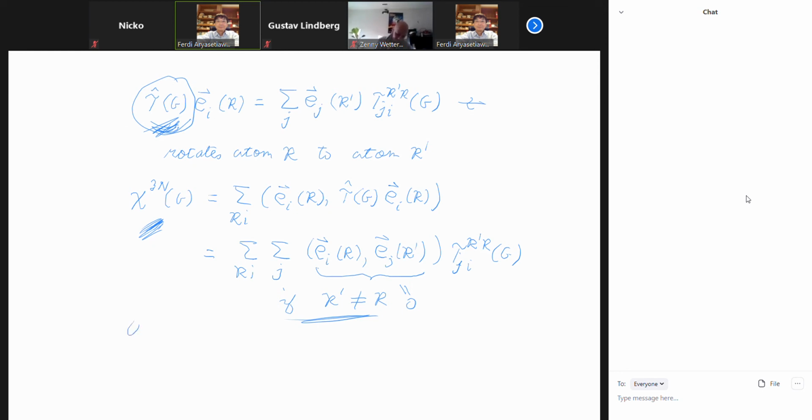So only atoms which are not moved contribute to chi 3n. Yes, I think this is clear.